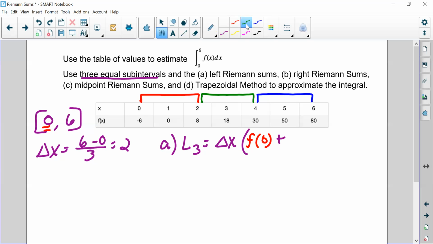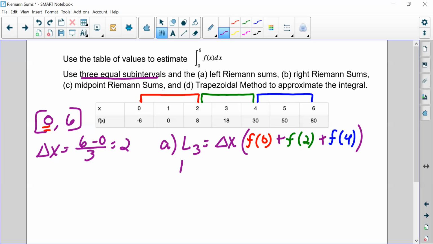For my green rectangle, what should I start with? My function value at x of 2, so f of 2. And for the blue rectangle, we're looking at f of 4. So you can skip this step here. This is just showing you the setup.